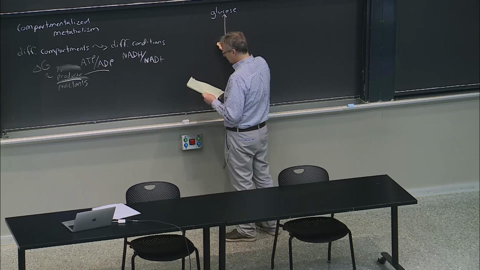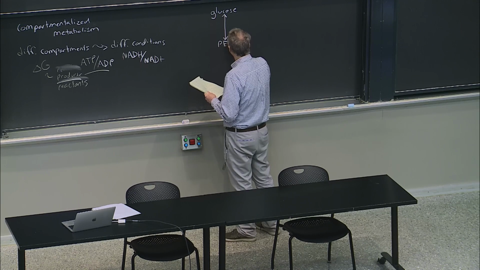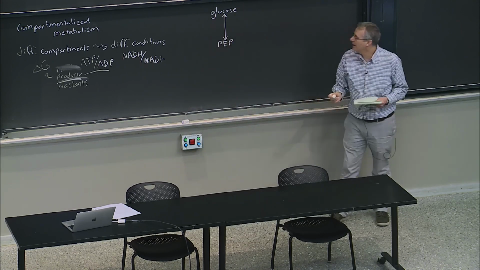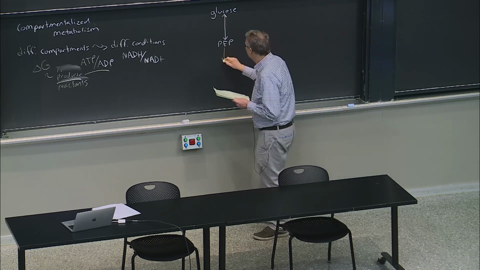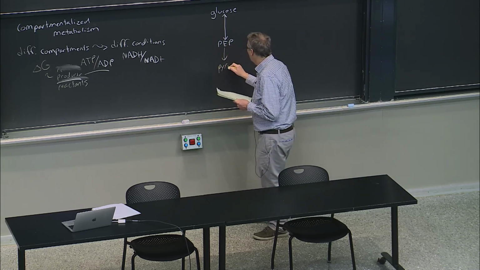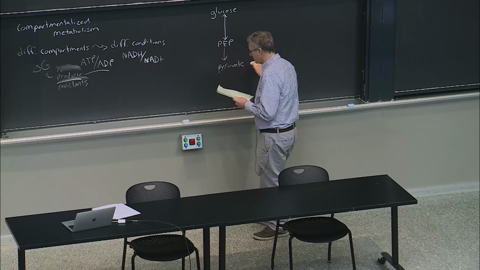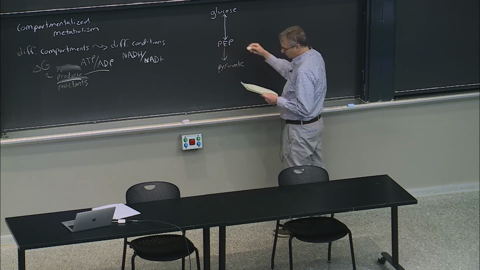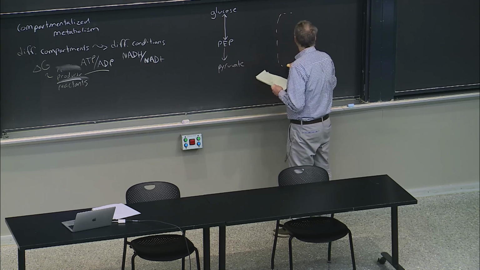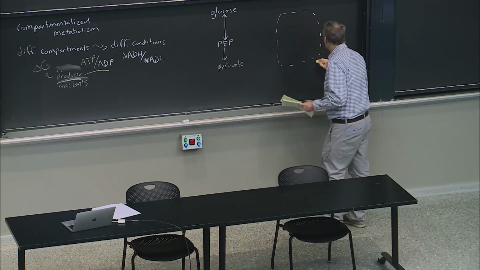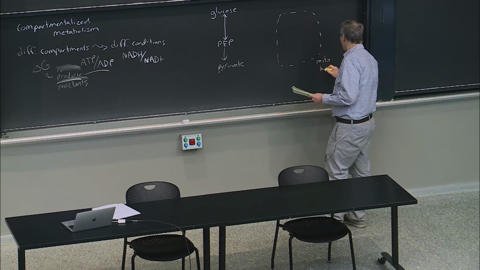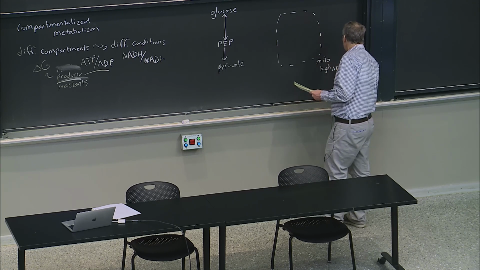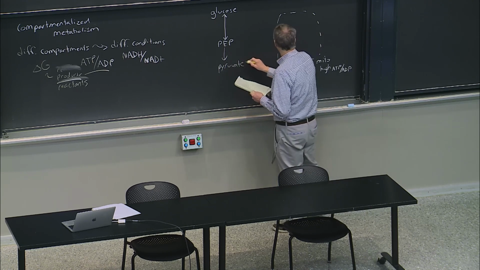But basically, here's glucose to PEP. Whether you do that in one direction by glycolysis or the other direction by gluconeogenesis, that happens in the cytosol, as does turning that PEP into pyruvate. But if you're going to reverse the reaction, eukaryotes take advantage of a different compartment, the mitochondria, with a high ATP-to-ADP ratio.